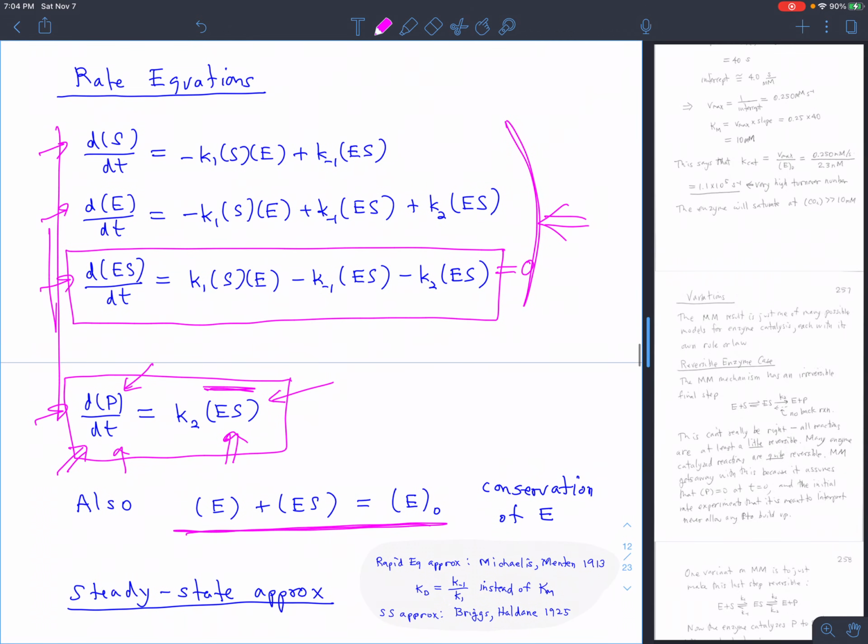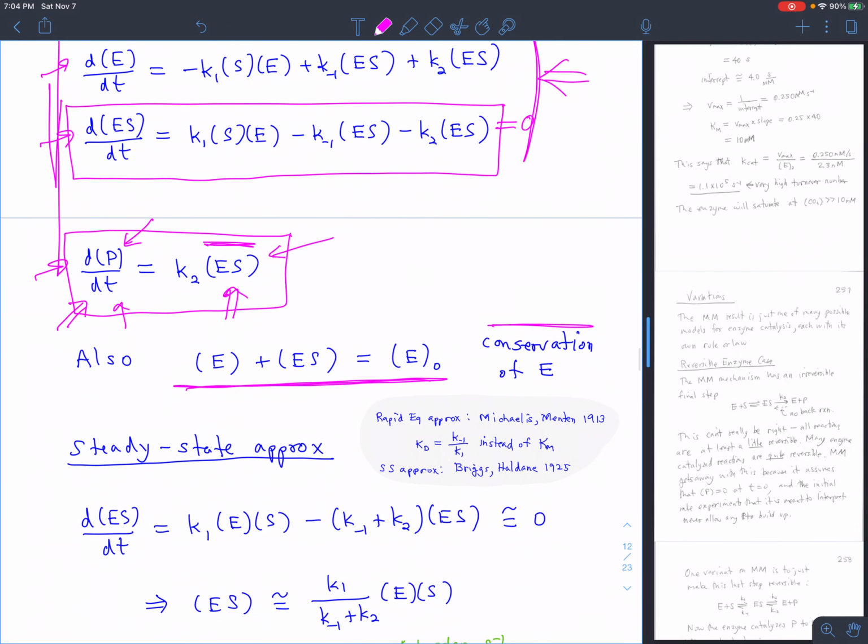We've got these rate equations, but we also have this conservation equation. The amount of enzyme never changes, which means that the total amount of free enzyme and the total concentration of enzyme-substrate complex has to at all times equal the total amount of enzyme that we put in at the beginning before any reaction took place. So we will be able to use that also to our advantage.